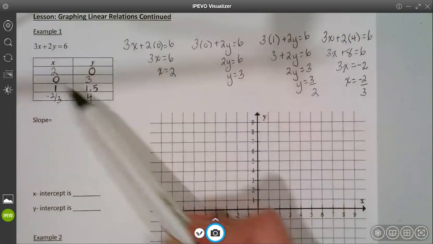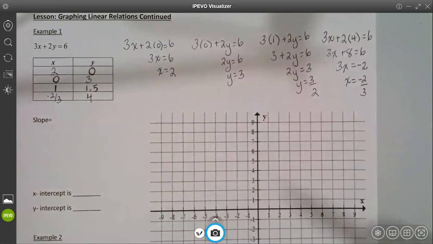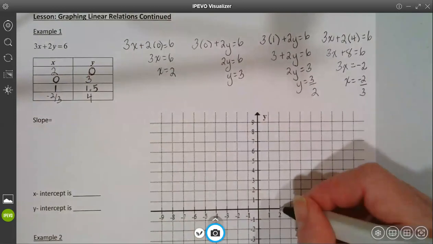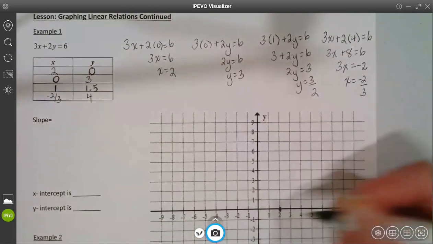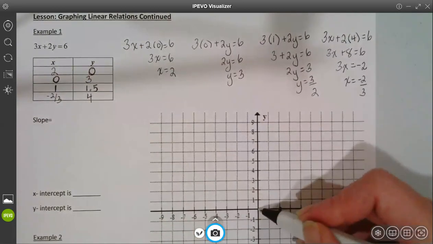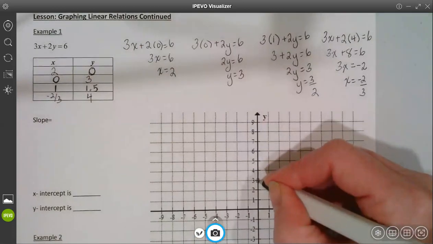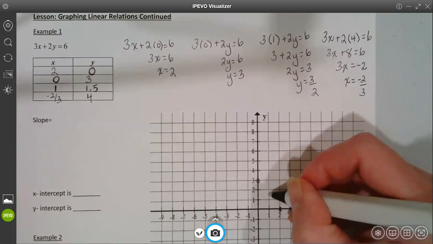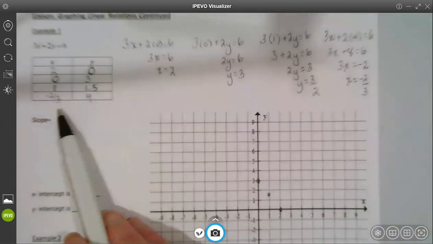We're going to take these points, these ordered pairs, and we're going to plot them. So we have the point 2, 0. So when x is 2, y is 0. I'm going to plot that point. Then when x is 0, y is 3. When x is 1, y is 1.5. And this one here, we're going to have to approximate.